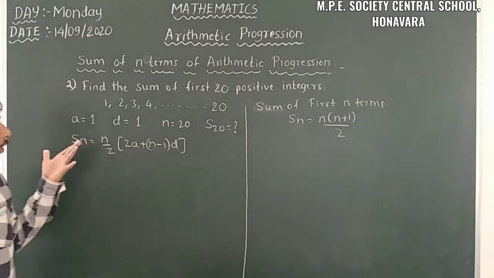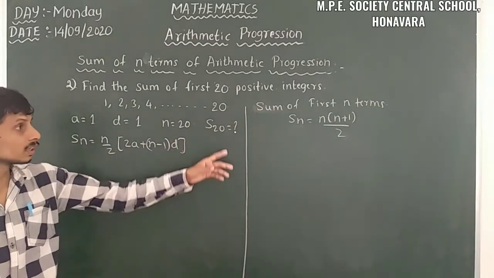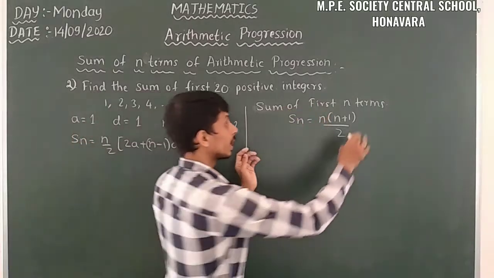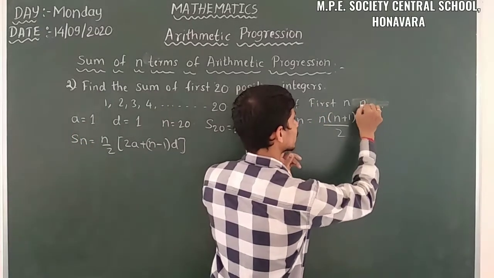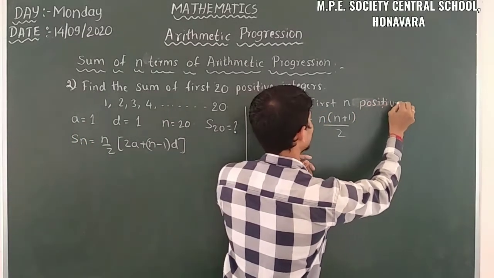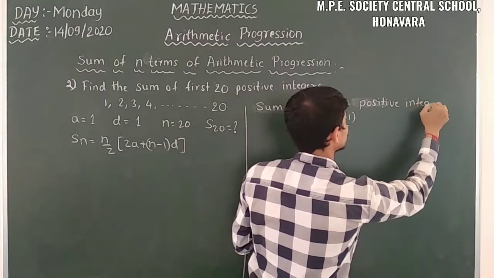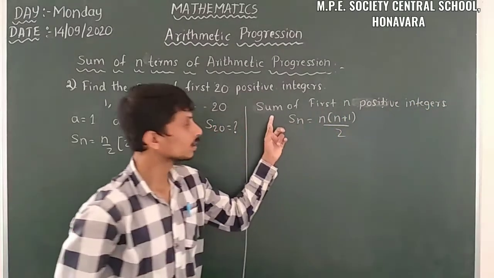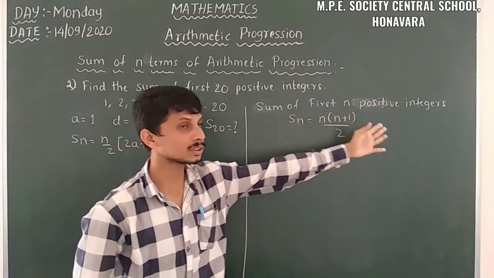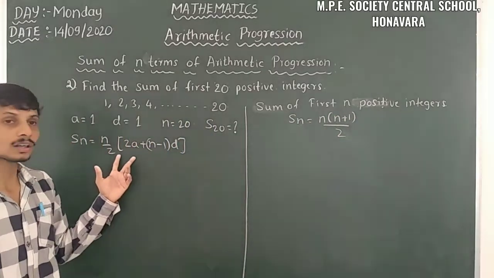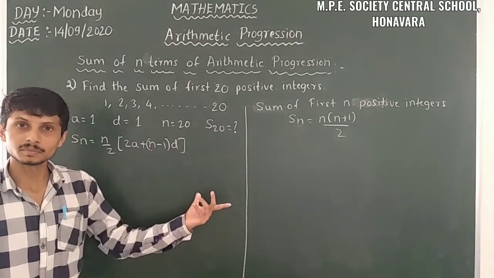Here it is also meant for sum of n terms. Here it is the sum of first n positive integers only. Here it is meant for the sum of n terms.